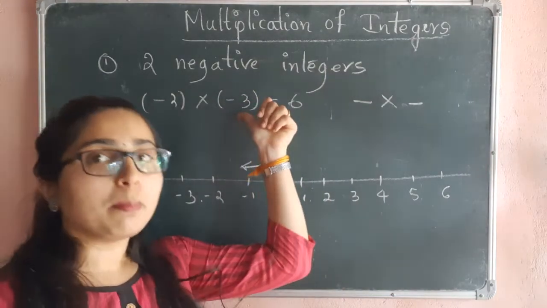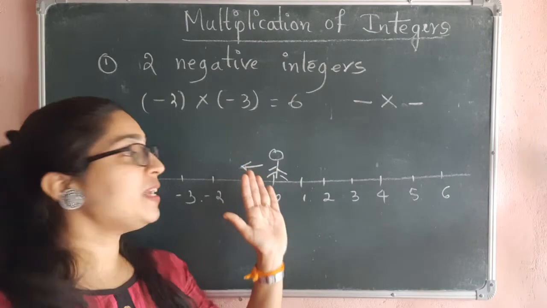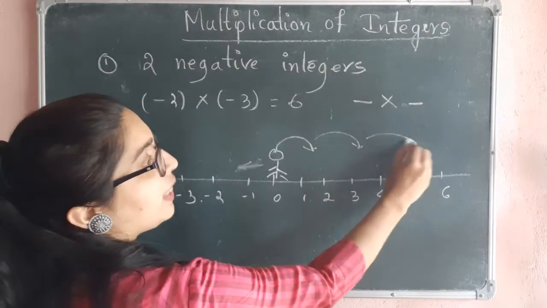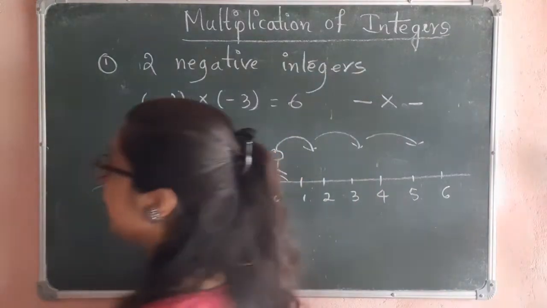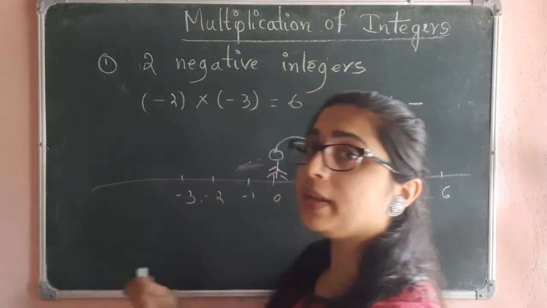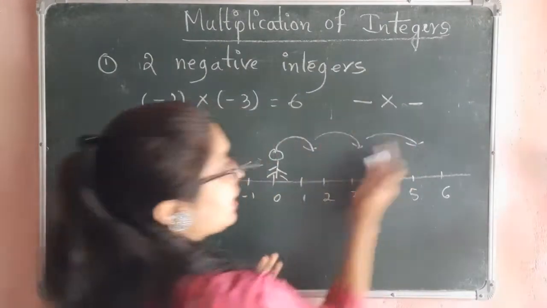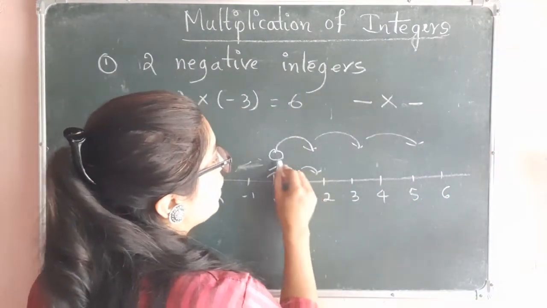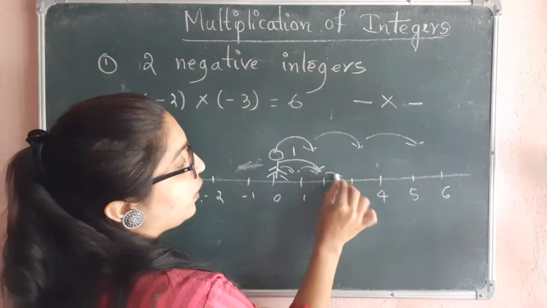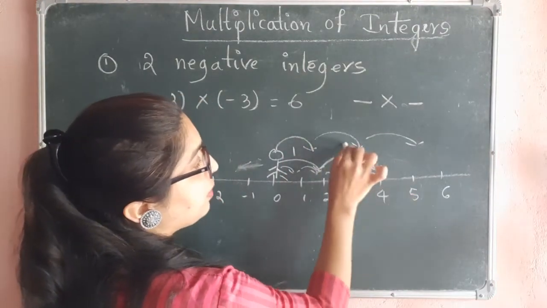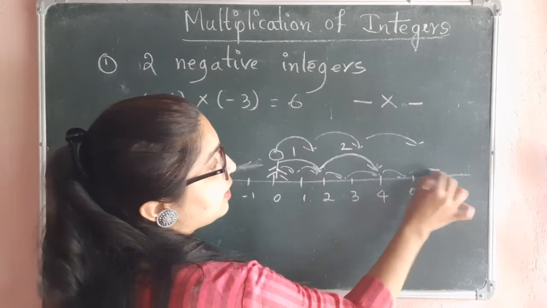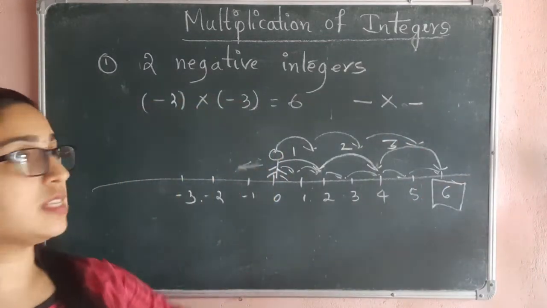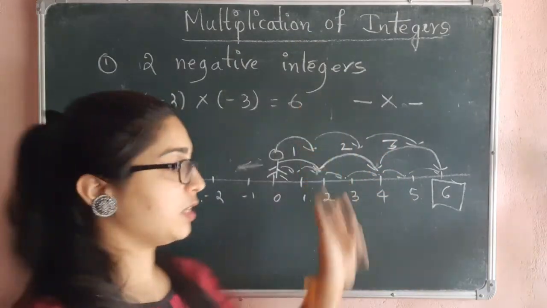And since it is minus 3, that means he will be jumping backwards. Okay, that means he is facing this side and jumping backwards, in this direction now. So 1, 2. This is one jump. 1, 2. This is the second jump. And 1, 2. This is the third jump. So I have arrived at positive 6. So the answer is positive 6.